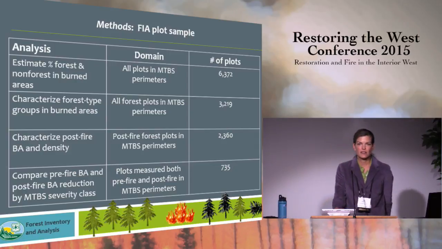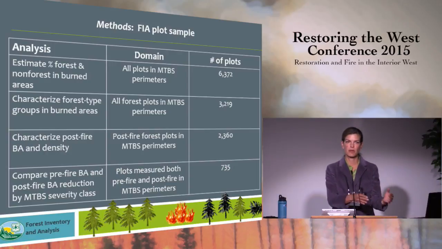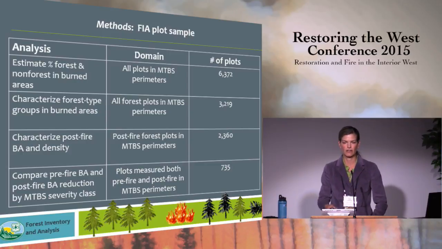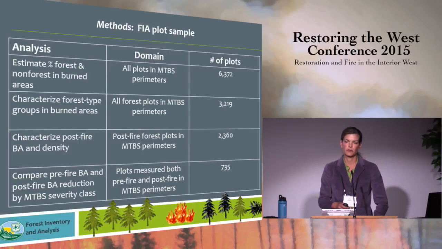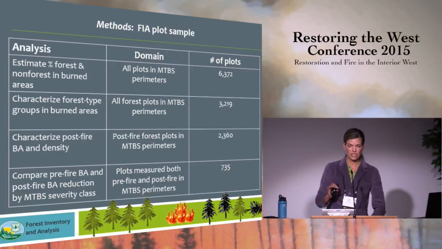Usually, when you see estimates of fire acreage, there's no mention of what the cover type is except to say, well, it's burning primarily in sagebrush. But there's usually not a quantitative assessment of how much of it might be forest or other cover types. So first we want to try to estimate the proportion of forest and non-forest. We had about 6,300 plots for that particular analysis.